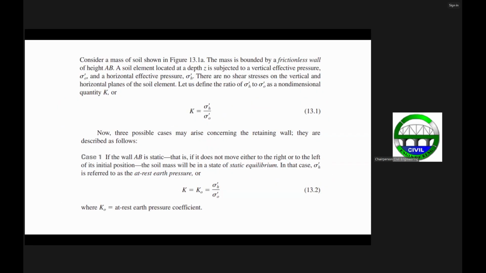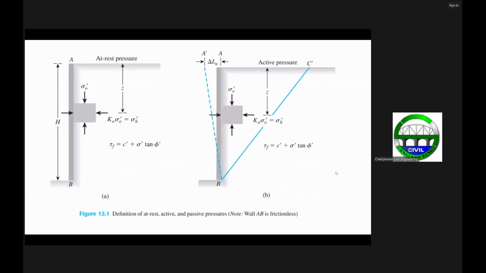Okay. So to discuss further this lateral earth pressure, we can consider figure A, wherein we have a frictionless wall AB. So this is a frictionless wall here, so the wall friction angle is maybe zero.